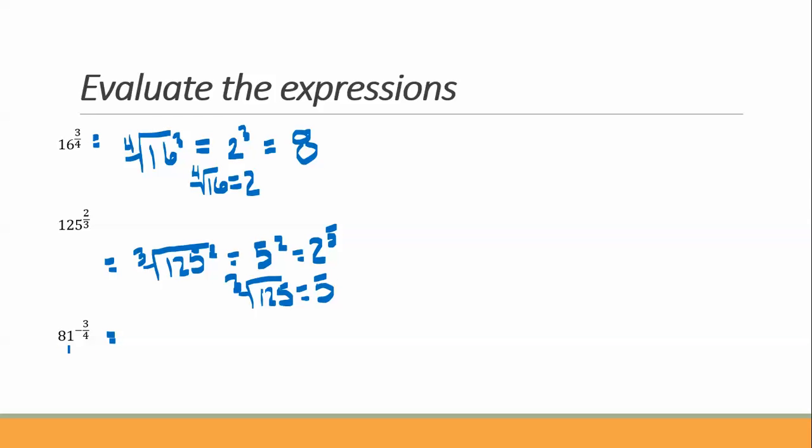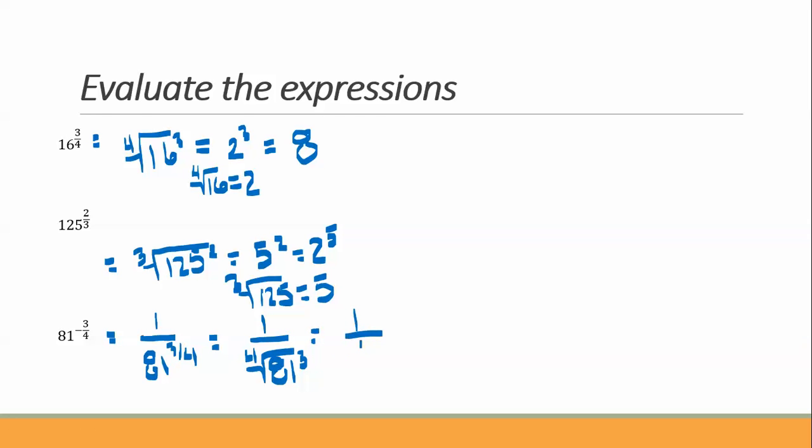We have 81 to the negative 3/4 power. So that becomes 1 over 81 to the 3/4 power. Remember, we just flip it over and make the exponent positive. So that's 1 over the 4th root of 81 to the 3rd.